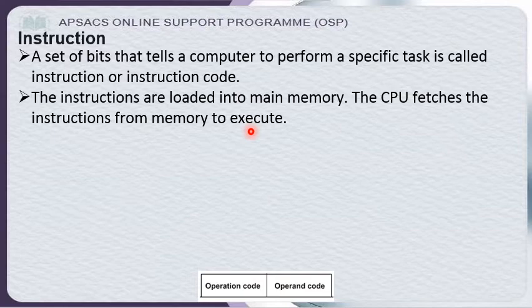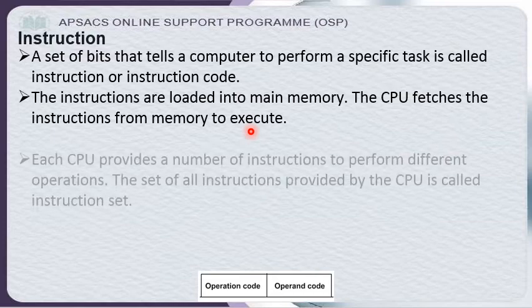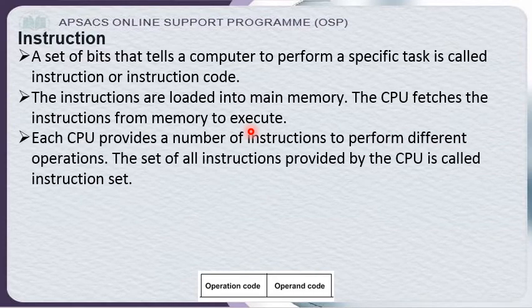An instruction has two parts. One is the instruction code, or operation code, and the second one is the operand. Each CPU provides a number of instructions to provide different operations. The set of all instructions provided by the CPU is called the instruction set.